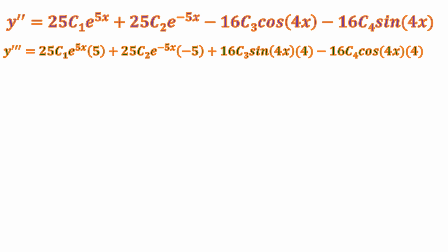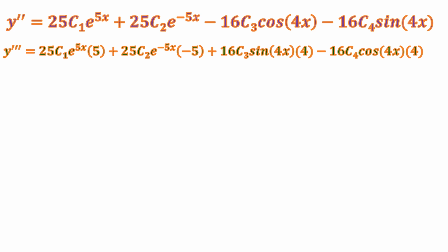So this is the second derivative, and we want to find the third derivative out of this. So it's the same procedure. We get the e raised to the 5x, so the derivative of that is just itself times the derivative of the exponent. The same goes for the e to the negative 5x. And for the cosine and sine, the derivative of cosine is negative sine, so the negative 16 becomes positive 16.